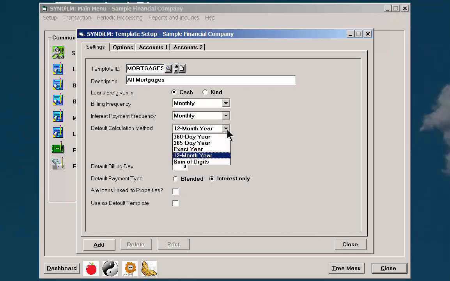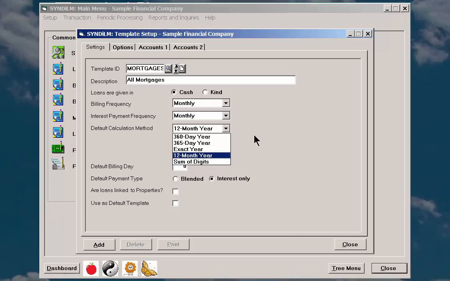Sindy uses various calculation methods. For example, you could have a 360-day year, in which case you calculate the interest for the entire year and divide it by 360 to calculate the daily interest, and then you multiply it by the number of days between the last calculation date and the current calculation date, and that will give you the interest for that duration.